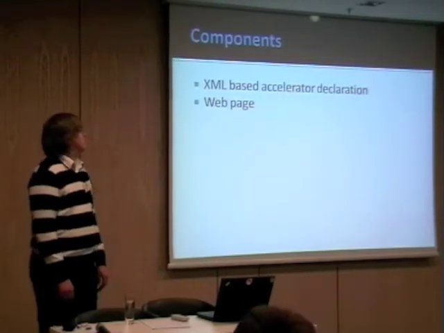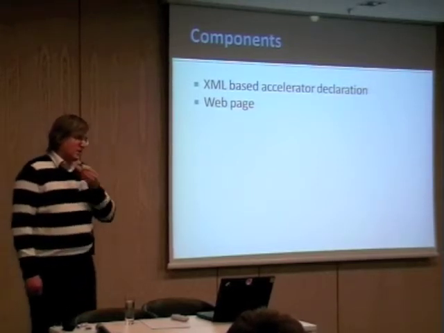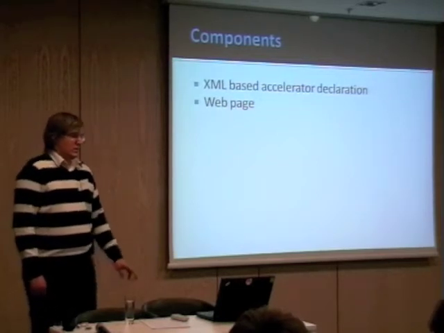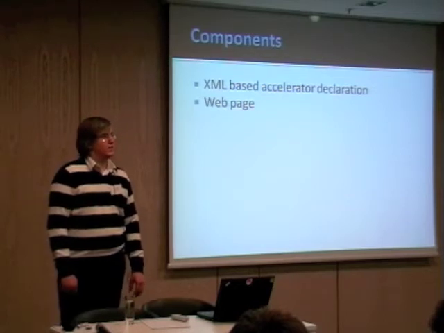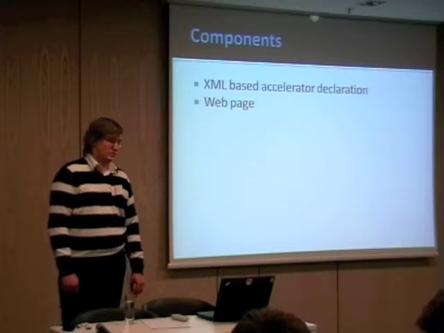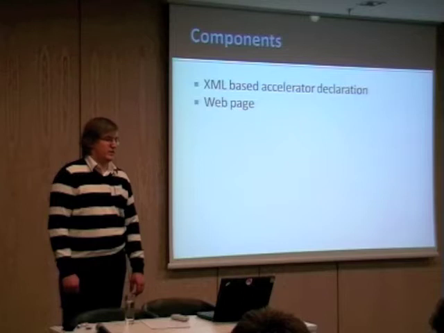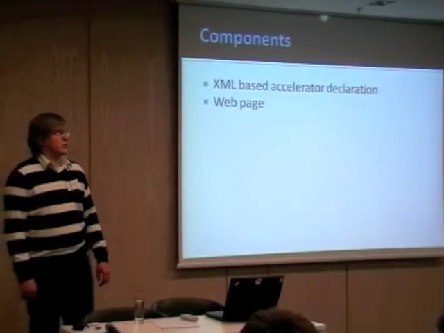What are components of accelerator when you create your own accelerator? Basically, there are two parts. One is the declaration for this accelerator, which is used for Internet Explorer to find out and put it in a corresponding category or somewhere where it needs to belong, and to know in what context it's used.